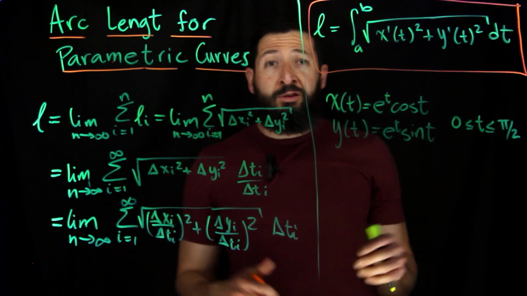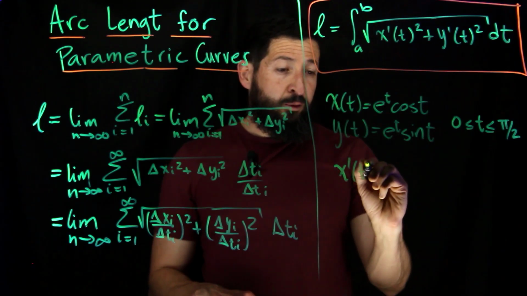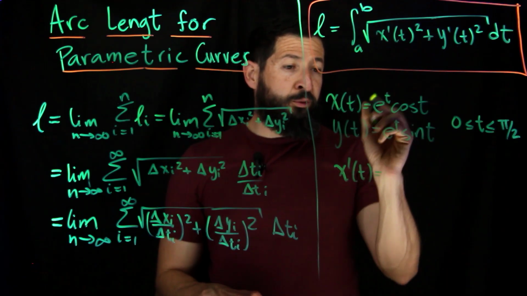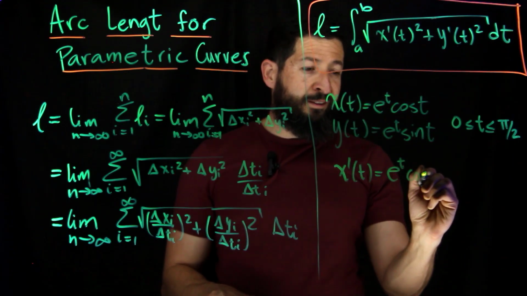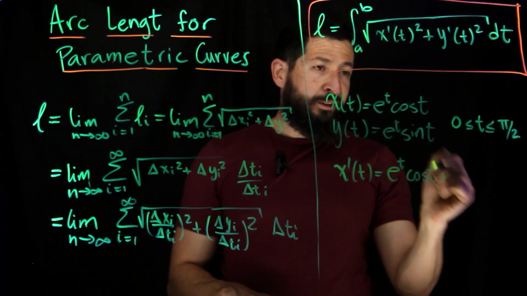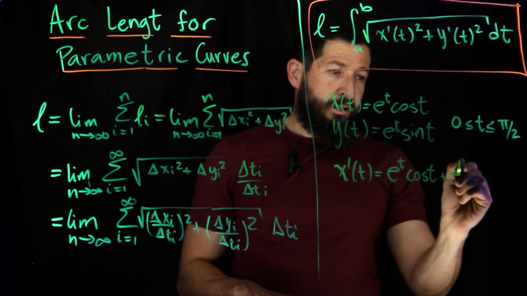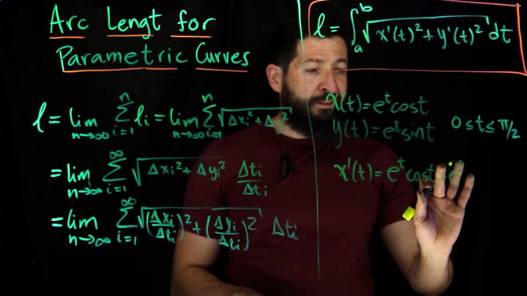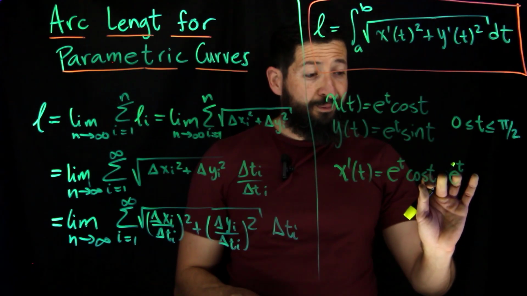So at this point, it's just using your formula. You're going to compute your derivative. Remember, there's a product, so it's going to be product rule. You take the derivative of the first, just e to the t, copy the second, plus copy the first, derivative of the second, which is negative sine.